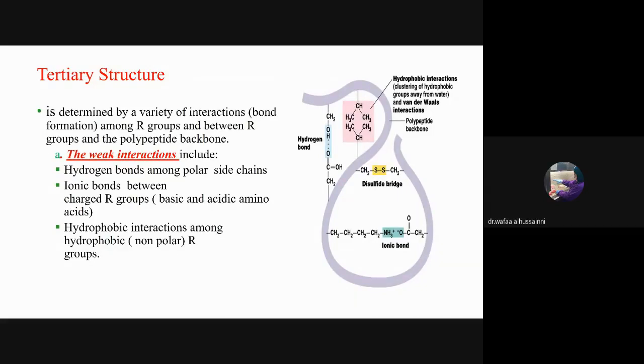In this case we have an interaction between the R group and the R group, and the polypeptide. Each R group of a certain amino acid on one side will bind with an R group of another amino acid, and this happens by disulfide bond. Okay, so hydrogen bonds or ionic bonds are already there. They are hydrophobic interactions between the non-polar groups.